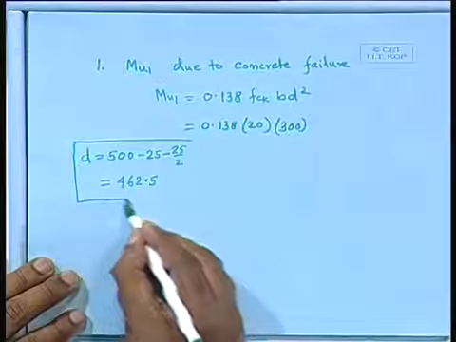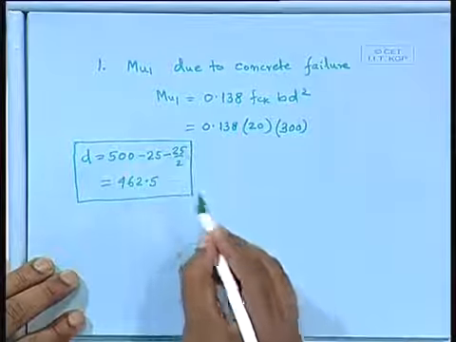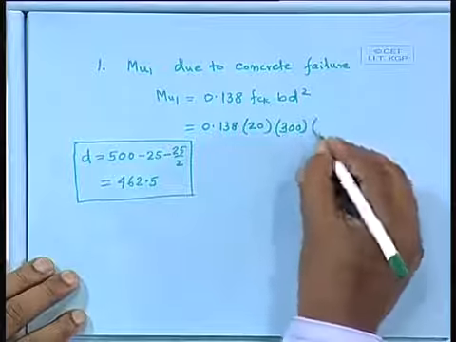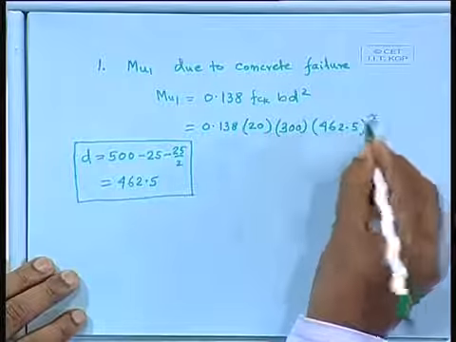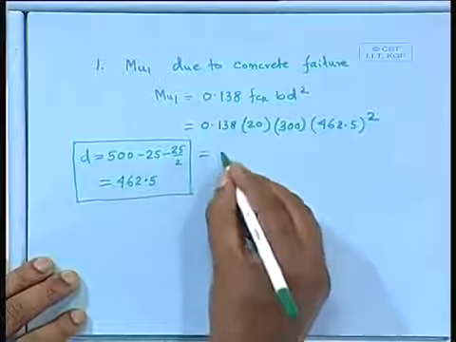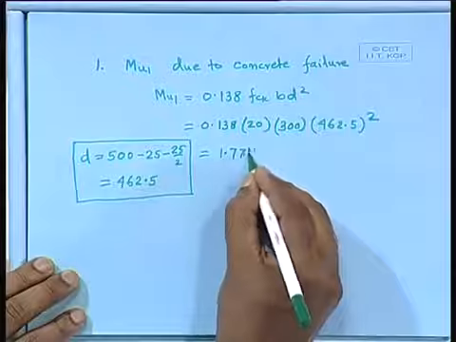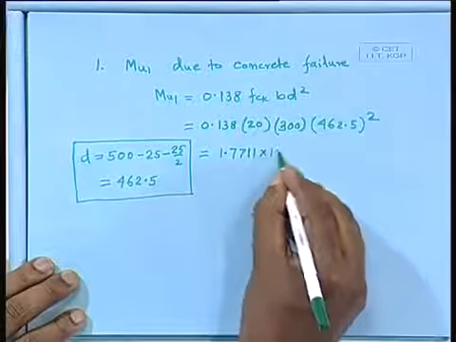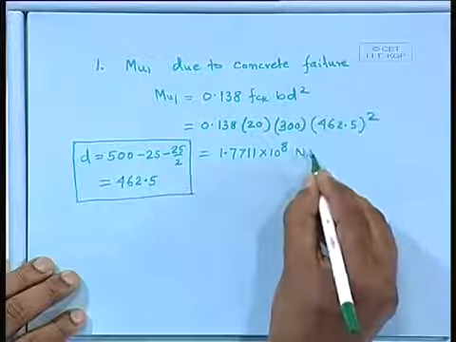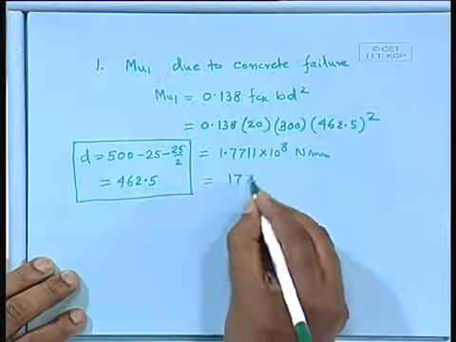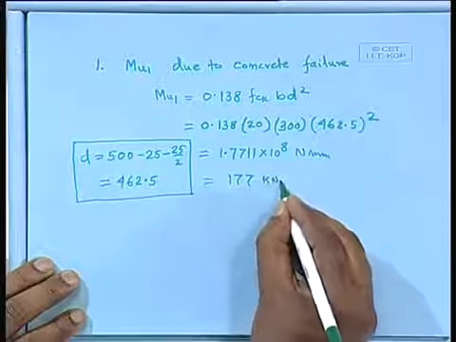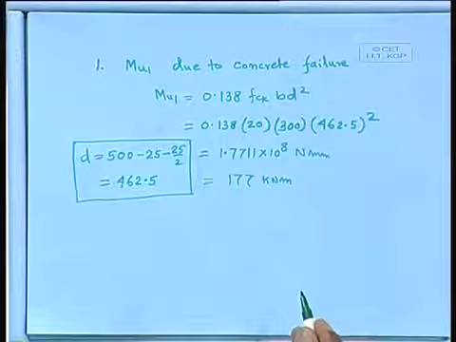The top and bottom reinforcement diameters are different, please note. 462.5 whole square equal to 1.7711 times 10 to the power 8 Newton millimeter, let us say 177 kilonewton meter.